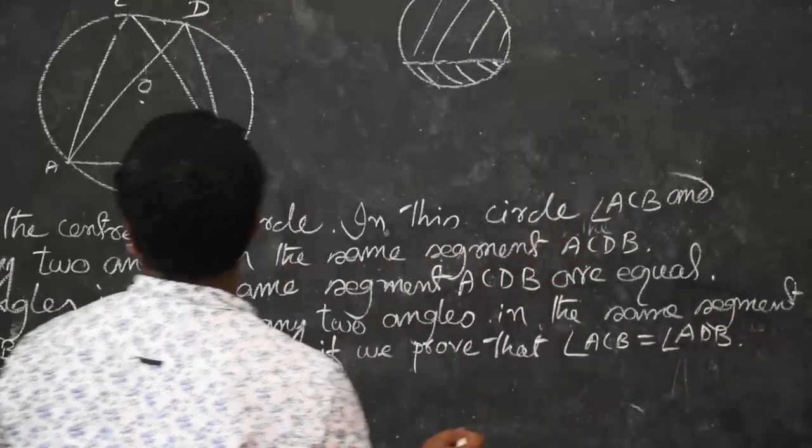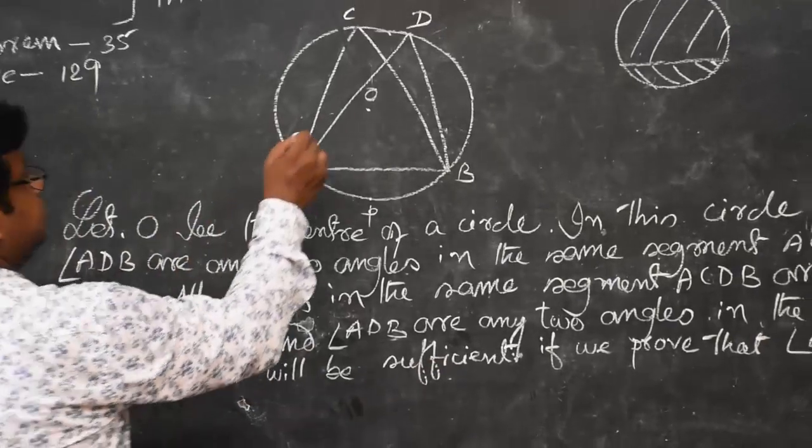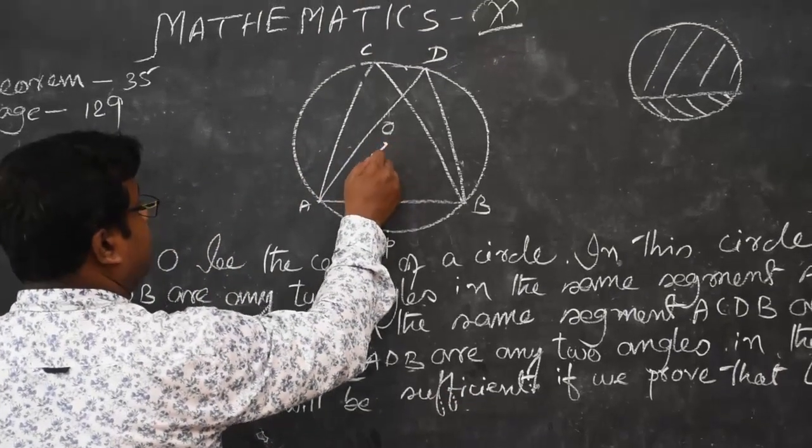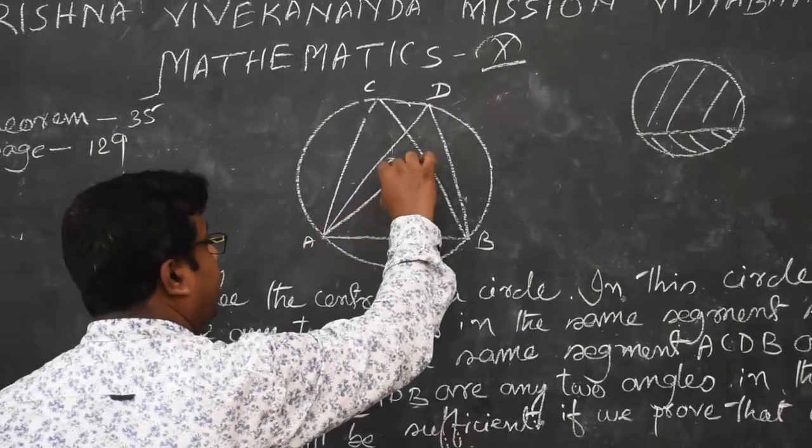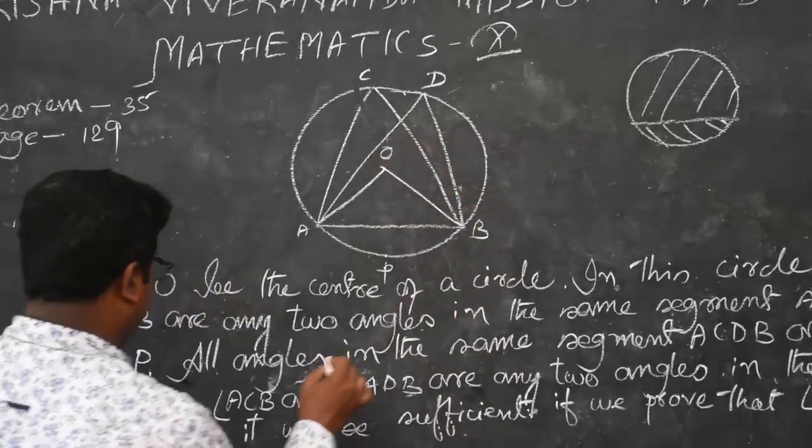Is it clear? Okay. In construction, you just have to join points O and A and O and B.